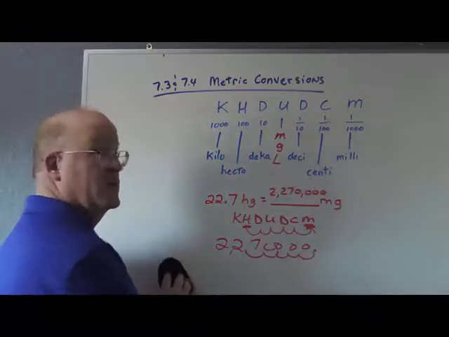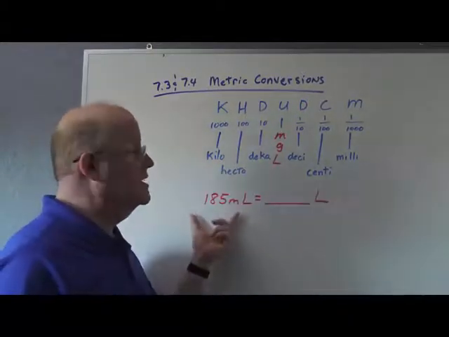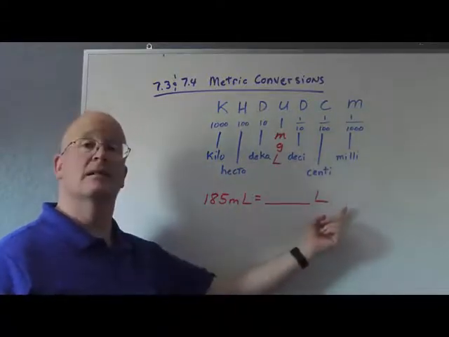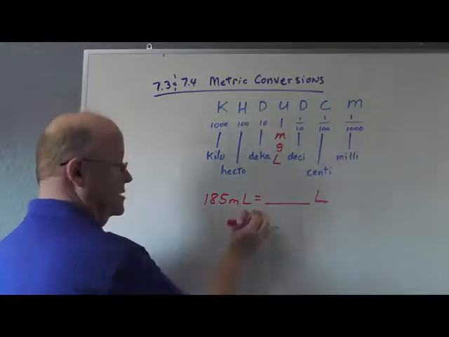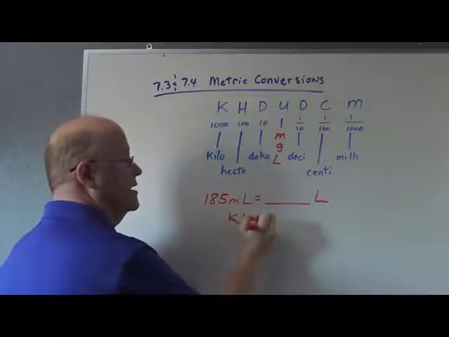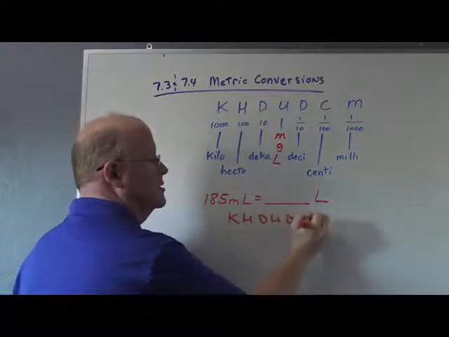Let's do one more before we start throwing some twists in. Let's take 185 milliliters and see how many liters that is. We're using liters as our key unit this time. Kids Have Donuts Until Dad Calls Mom.